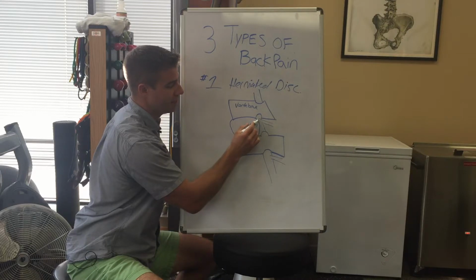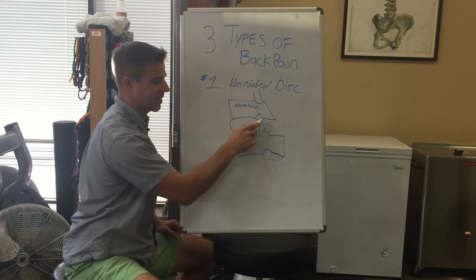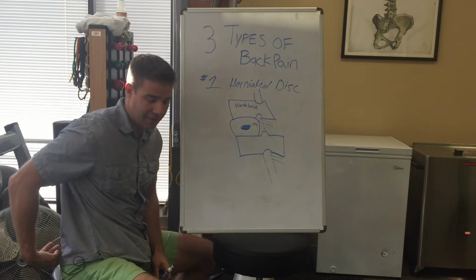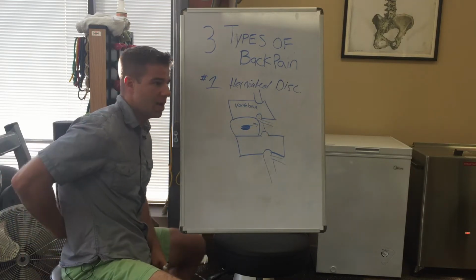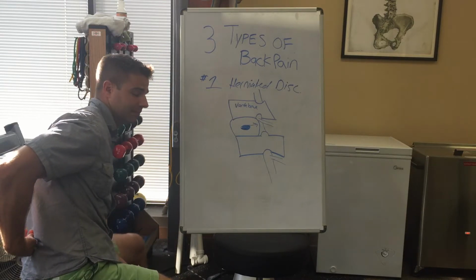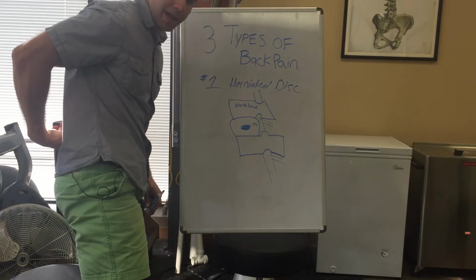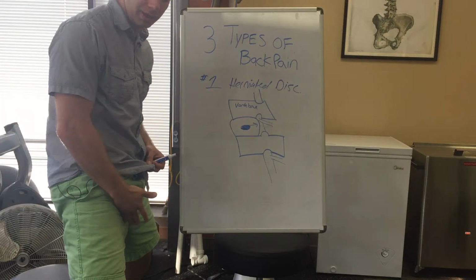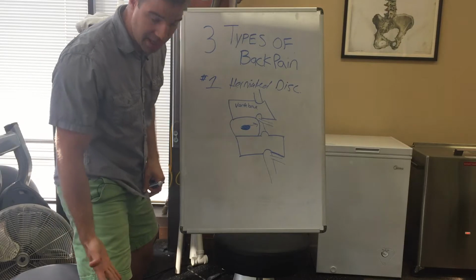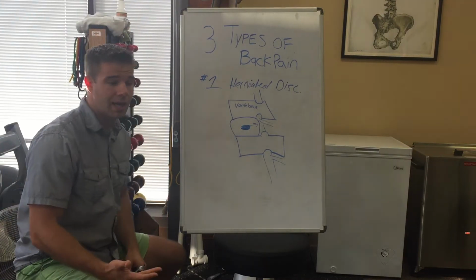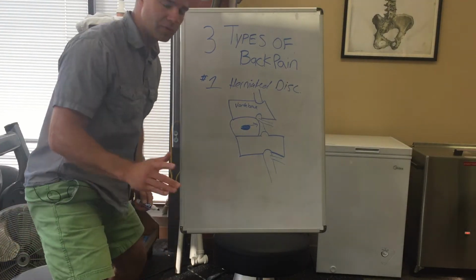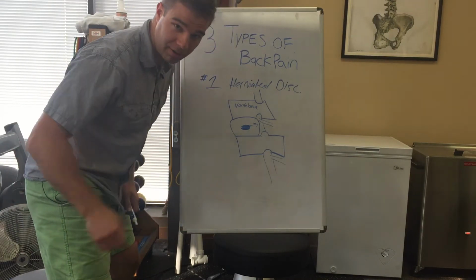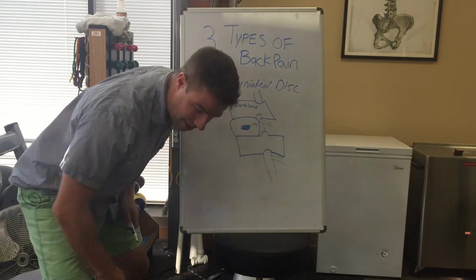It impinges on, or compresses against, those nerve roots, and anything that touches that nerve root sends pain. So you can get a sharp pain in your back, and that pain can also run down your butt. It can less commonly run down your groin, but it can cause numbness and pain right down your leg. Oftentimes people describe a line of pain that they can trace with their hand, coming right down their leg.